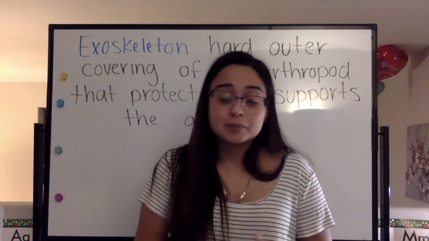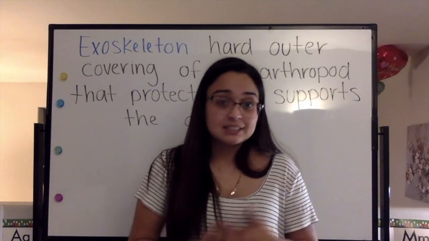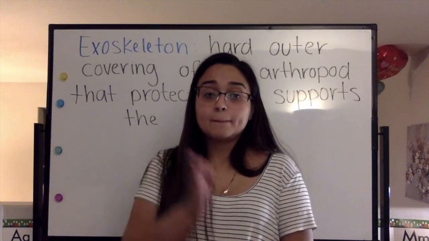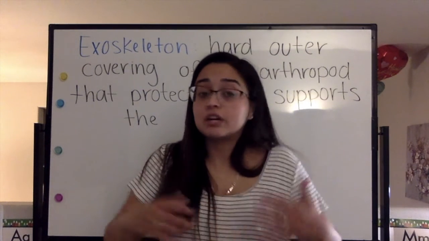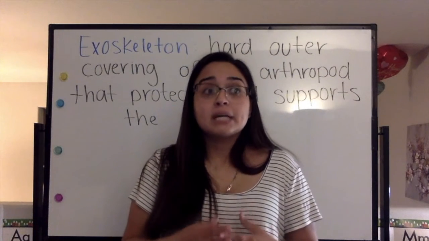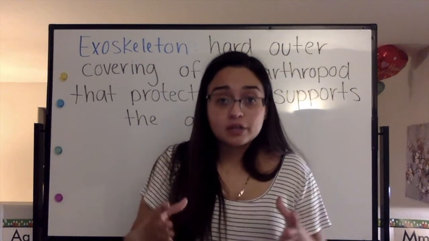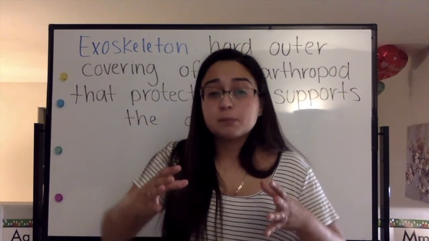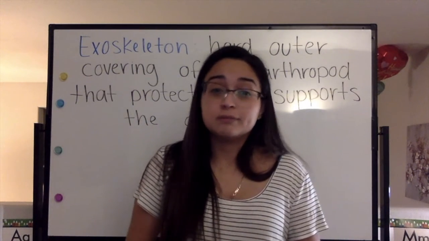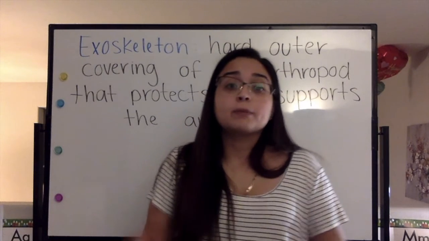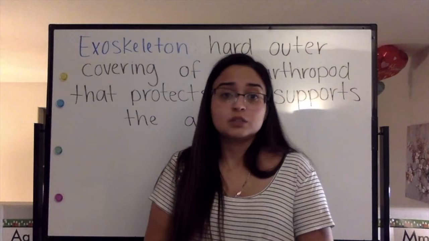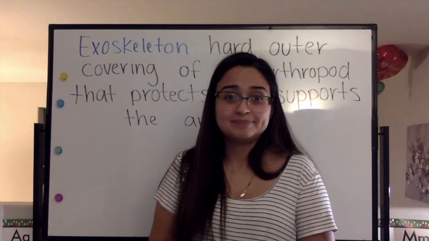All arthropods have exoskeletons, meaning that they do not have a bone structure inside of them, so they're invertebrates, but they do have these hard outer coverings called exoskeletons that help them be supported and be able to move and function. Also, it protects them, because imagine being squishy all the time.